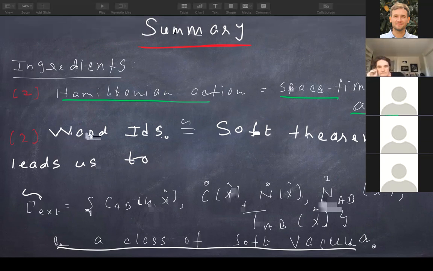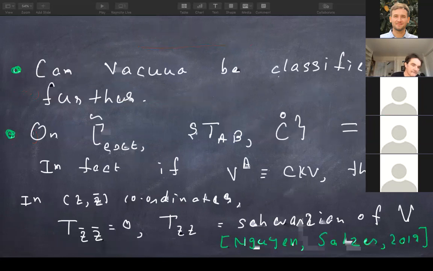They lead to this phase space, which we are calling gamma tilde extended, which has the shear field, C0, which is the constant shear mode, N0, which is the soft news, N1, which is the integral of U times N, and T_AB, which is the T tensor. And so far we have got a class of soft vacua which are parameterized by eigenvalues of super translation charges. And now we can ask, can these vacua be classified even further if we have super rotations in the game?